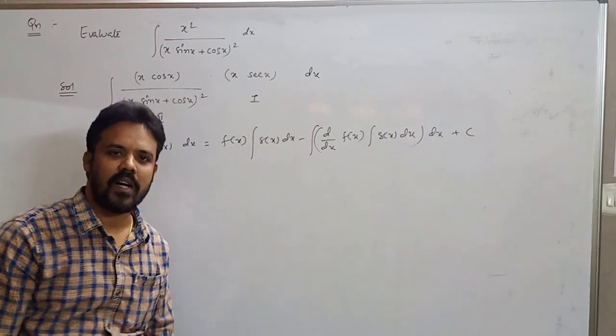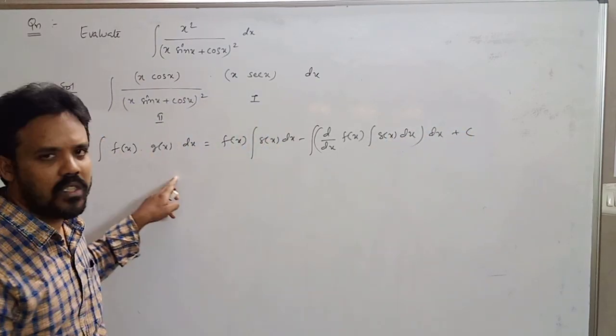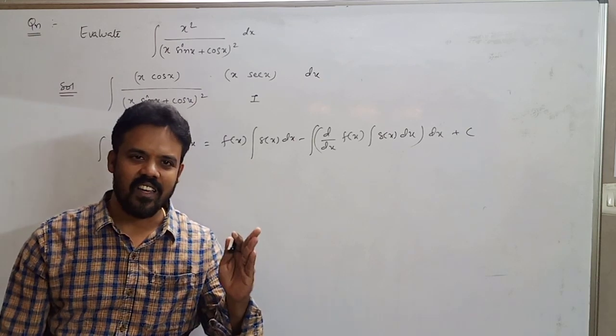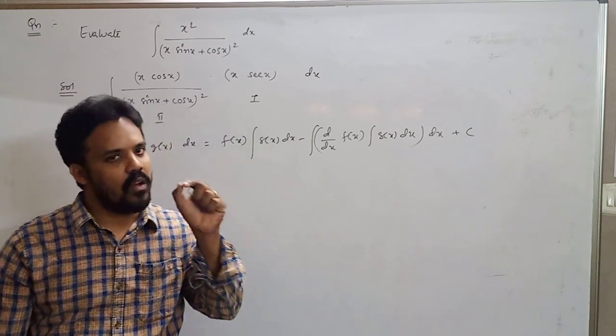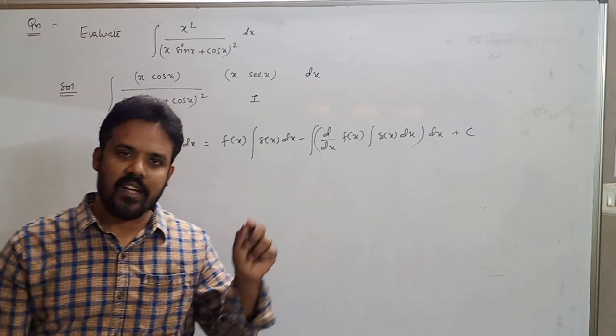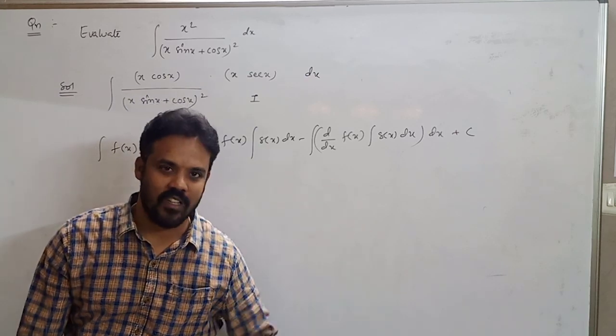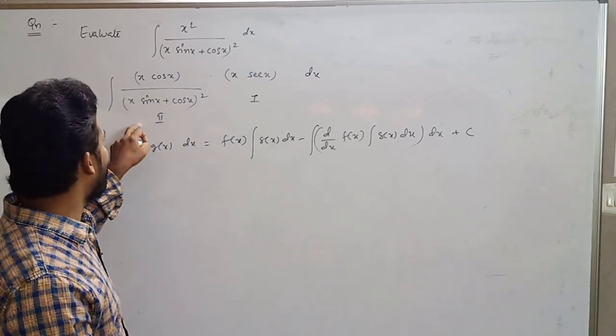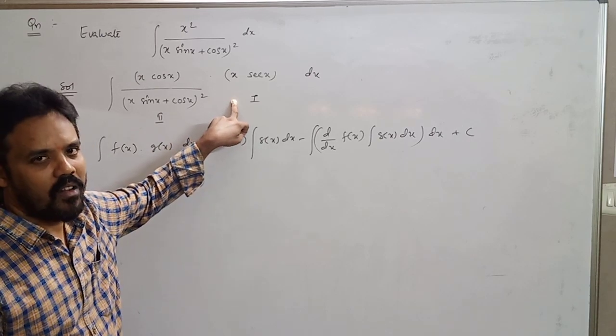This is the by parts formula, and we know the choice of first function is ILATE: I inverse trigonometric functions, L logarithmic functions, A algebraic, T trigonometric, and E exponential. But of course, here both are trigonometric.